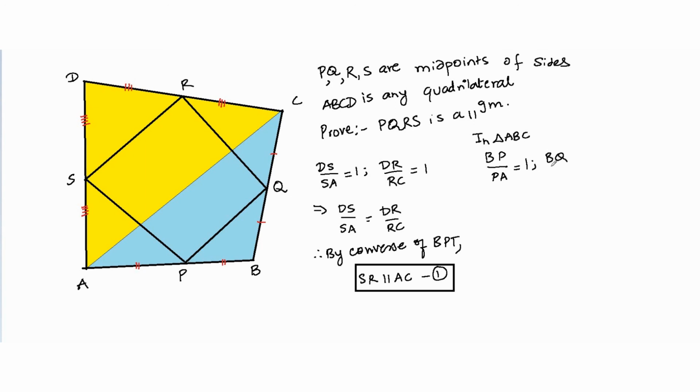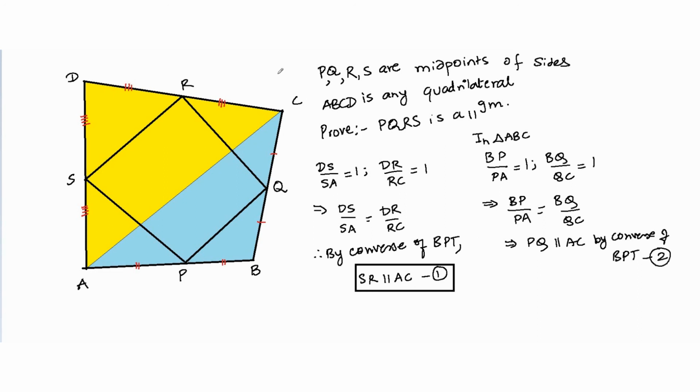Similarly, BQ upon QC is also equal to 1. This implies BP upon PA is equal to BQ upon QC, which implies that PQ is also parallel to AC, again by converse of BPT. This is my second result.